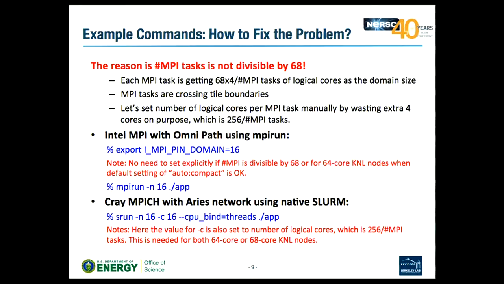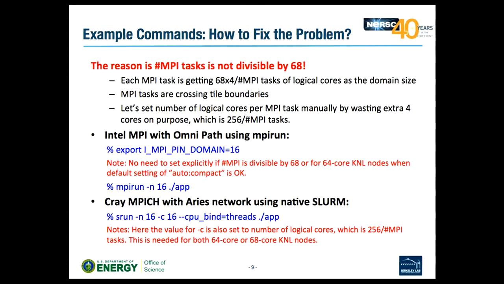So how do we fix this problem? First, let's find out why it's happening. The reason is that your number of MPI tasks is not divisible by 68, and the Intel MPI runtime gives you, for each MPI domain, a size based on the number of logical cores, 68 cores times 4 hyperthreads, which is 272, divided by your 16. That's how it messed up.